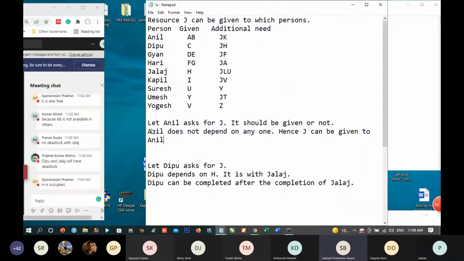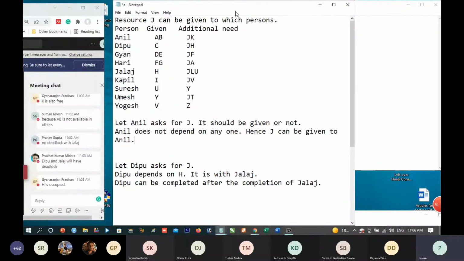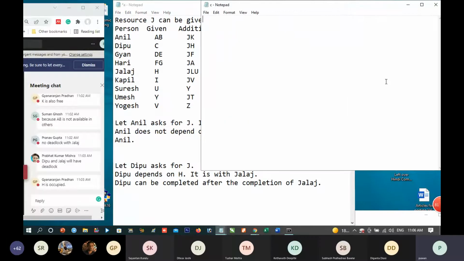But what about Deepu? Deepu depends upon Jalaj. Jalaj's requirement is also J and Deepu's requirement is also J. If J is given to Deepu, then Jalaj will depend upon Deepu. So there will be a cycle. Is it correct? Let us see how we make the resource allocation graph.